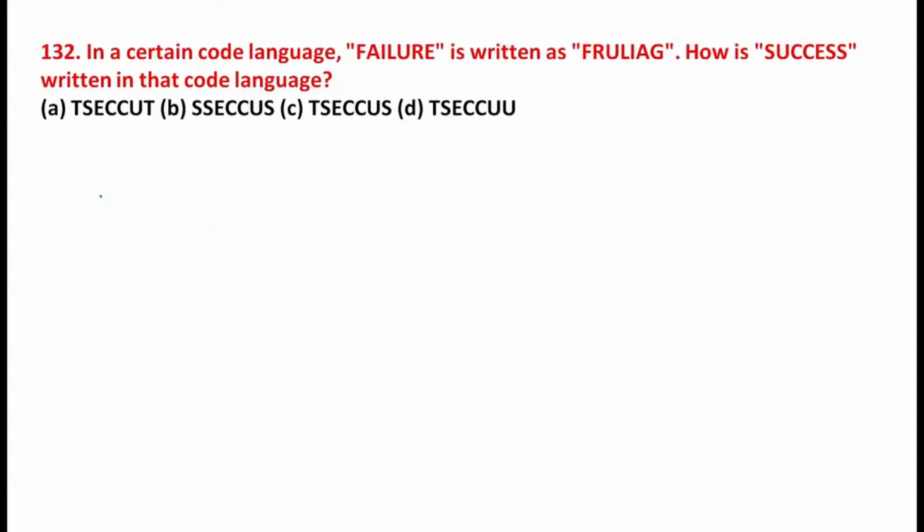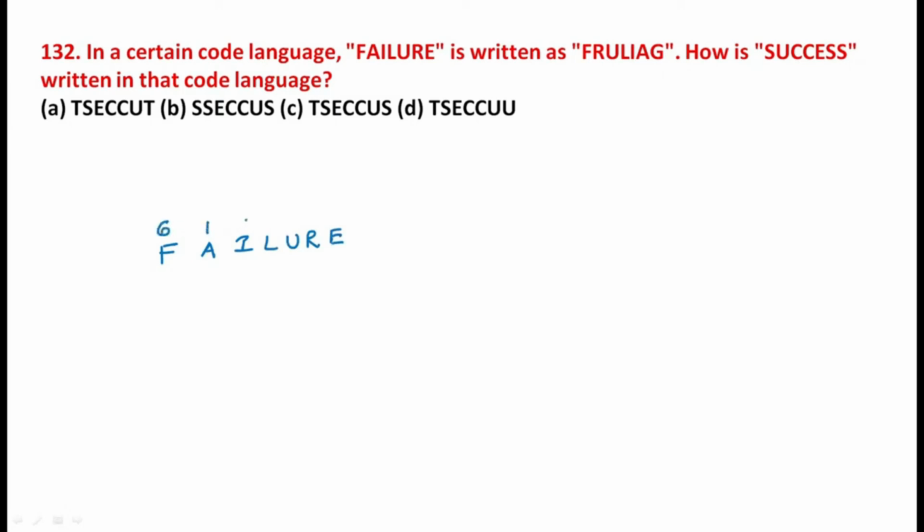The coding and decoding question. In a certain code language, FAILURE is written as FRULIAG. How is SUCCESS written in that code? Guys, for solving any coding and decoding question, first you should know the alphabetical position of every letter.